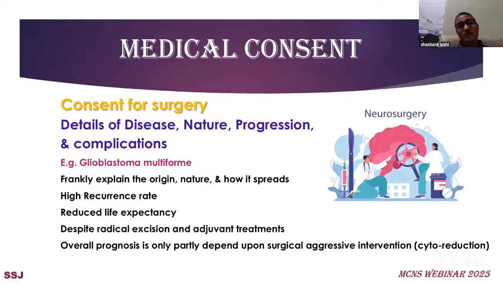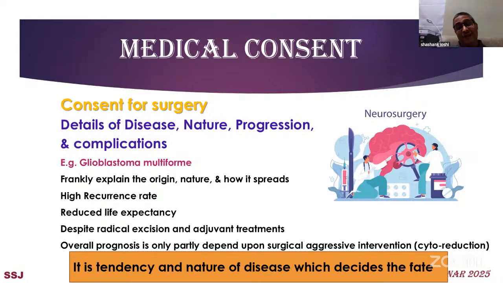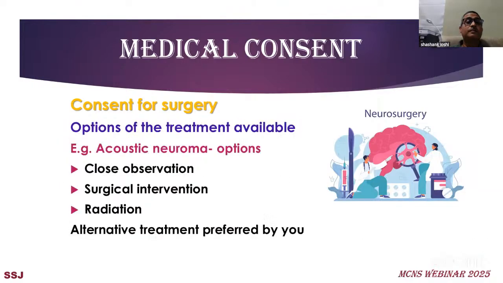Then there is a high recurrence rate and reduced life expectancy, and this happens despite radical excision and adjuvant treatment. The overall prognosis only partly depends upon aggressive surgical intervention. It is the tendency and nature of the disease which decides the fate. All these parameters should be explained. I'm just giving the example of GBM.